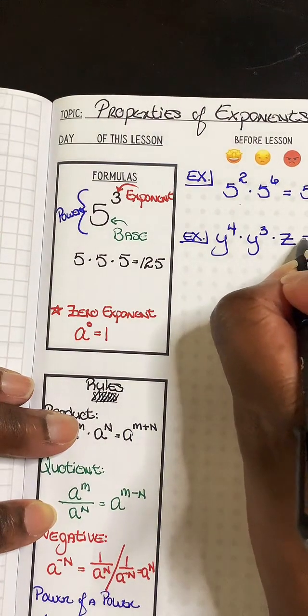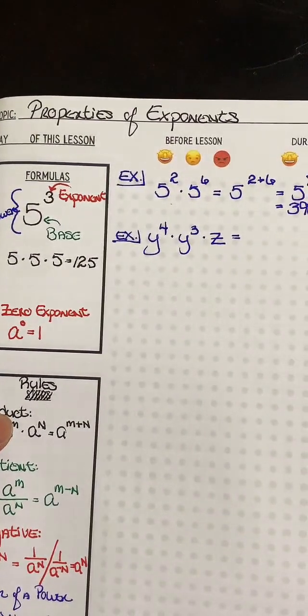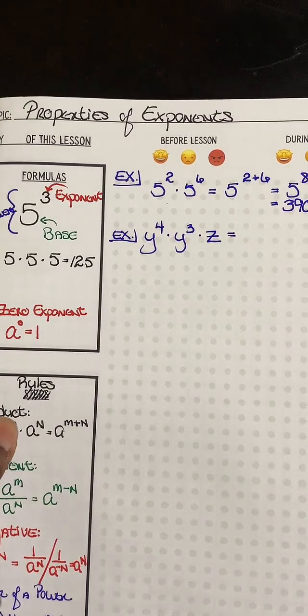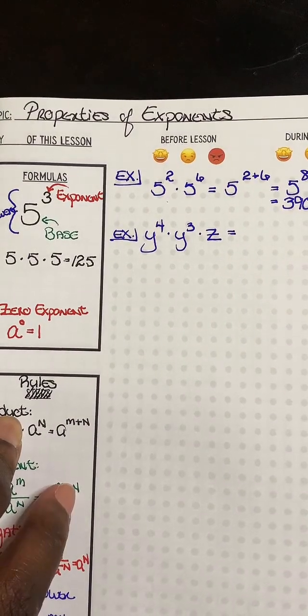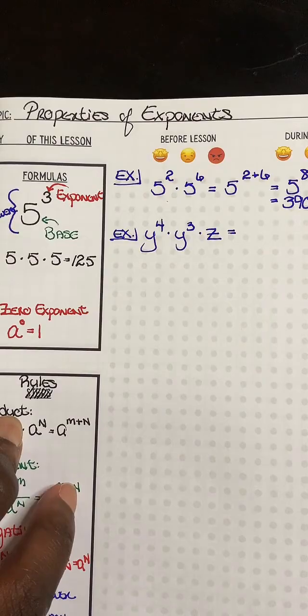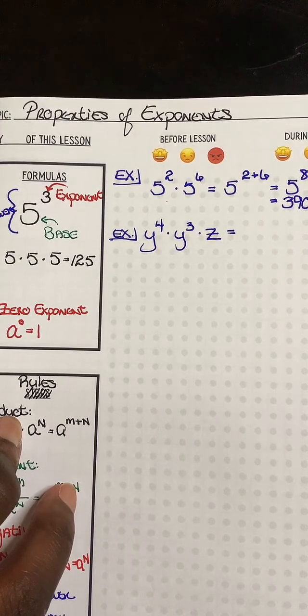Okay, let's try this one. y to the fourth times y to the third times z. Yeah, you're doing the same thing.